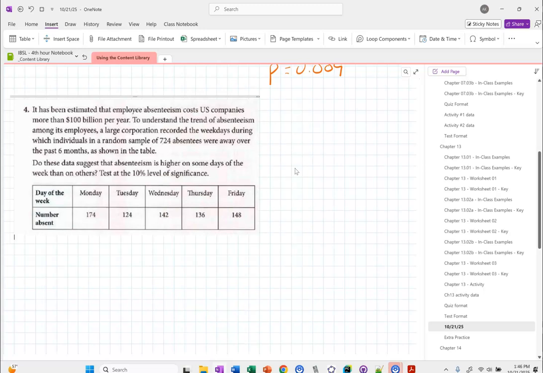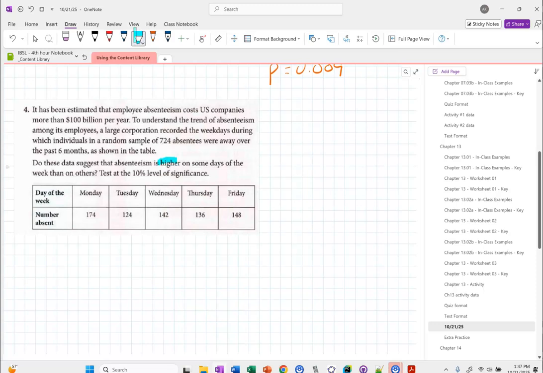Why is it goodness of fit? What's the known standard though? So is absenteeism equal across the days of the week?